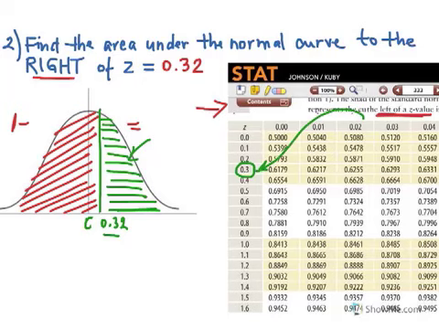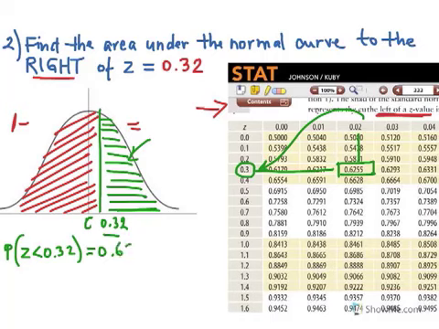We go across, and where we find the cell that matches the column of 0.02, we get our area. So the probability associated with z smaller than, or to the left of, 0.32 will be 0.6255.